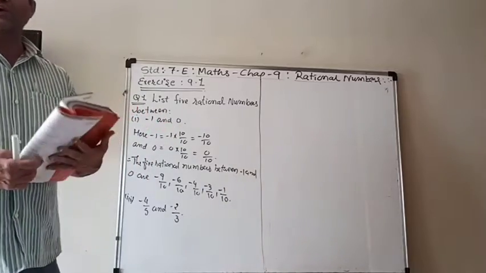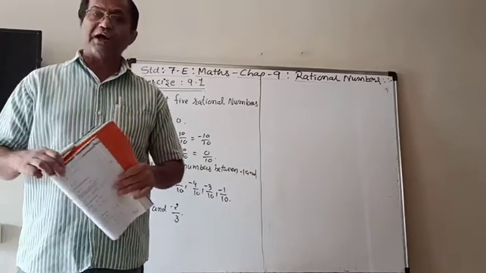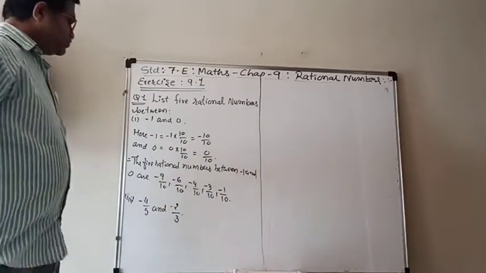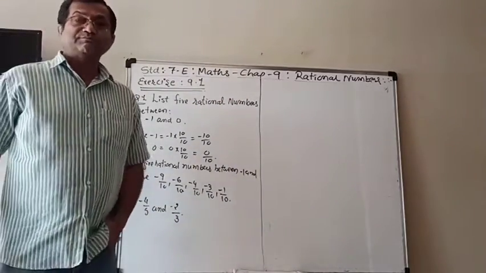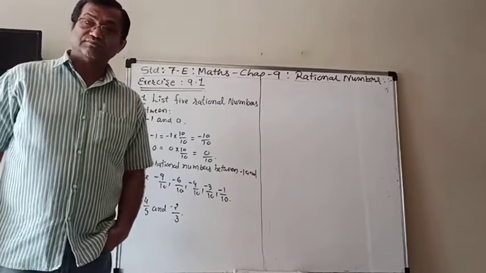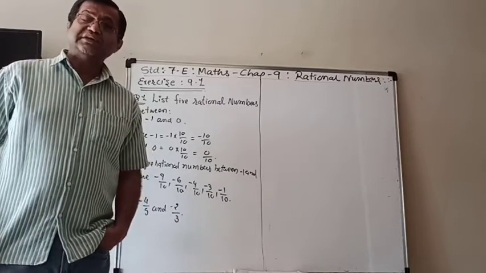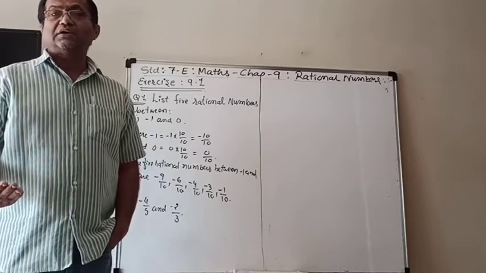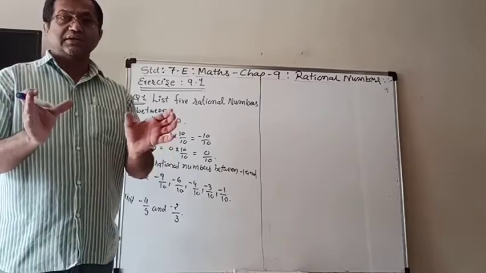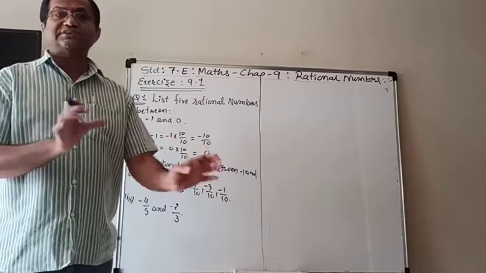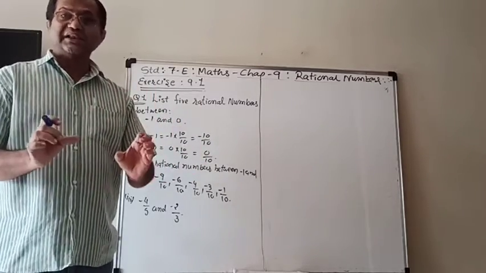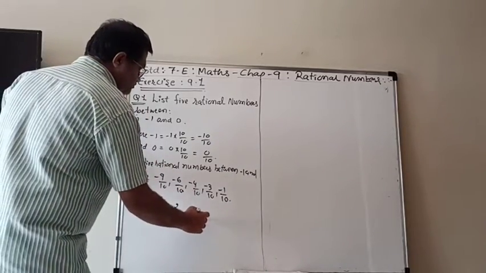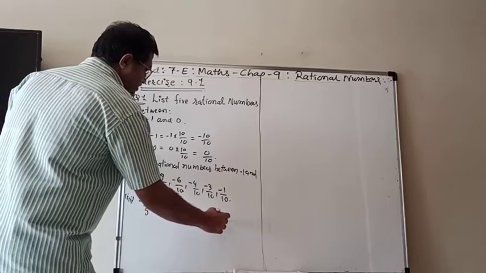Here we cannot directly find out the 5 rational numbers between them. So first of all we have to convert them into like fractions by taking their LCM and converting them into equivalent fractions such that the denominators of both rational numbers will be the same. So here LCM of 5 and 3 is 15.